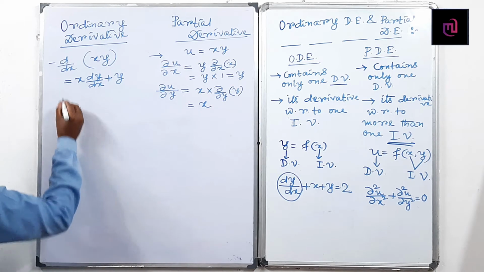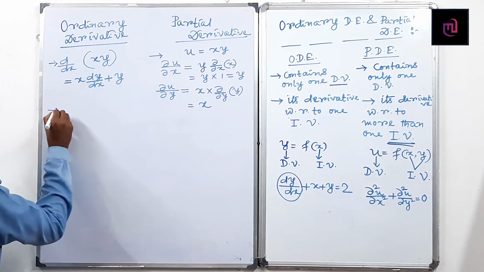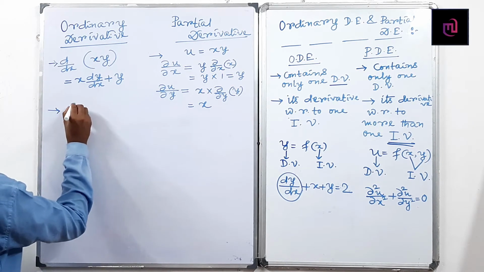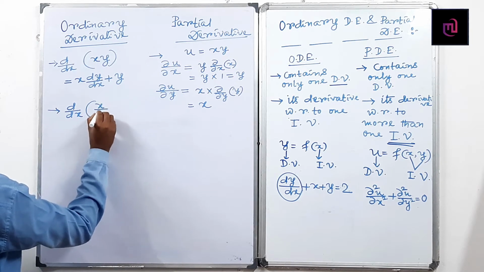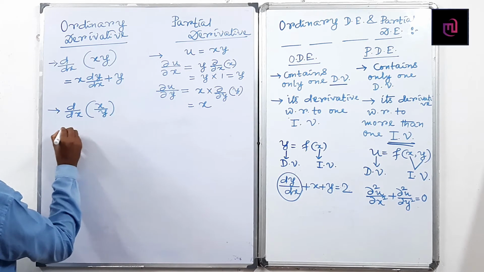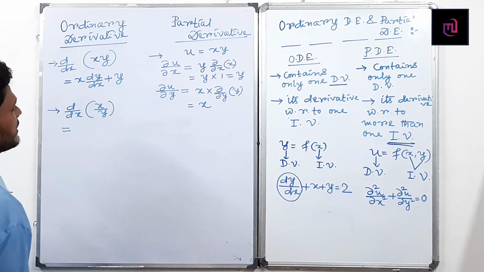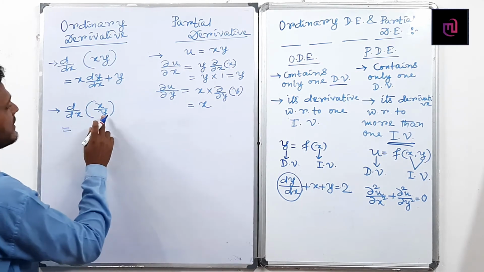Again, if I take another example, suppose you can write d/dx of x by y. Here the numerator becomes x and the denominator becomes y.